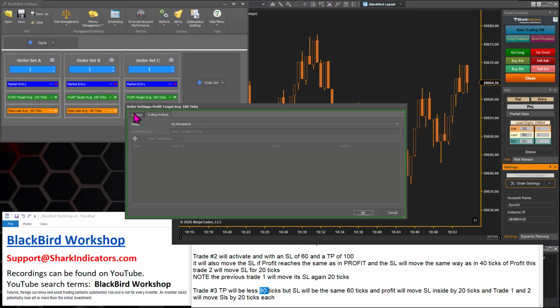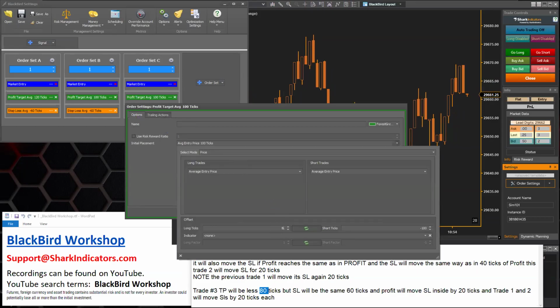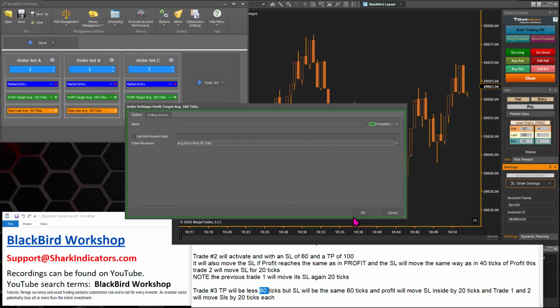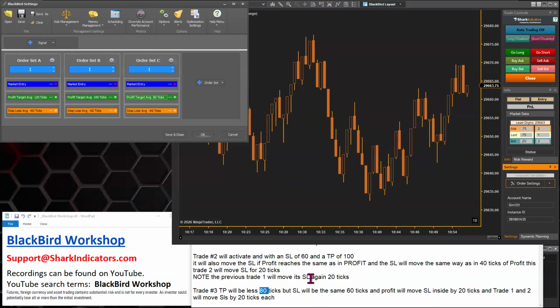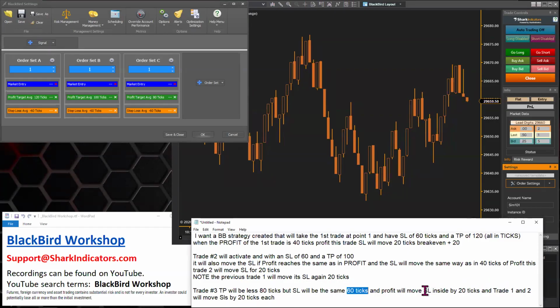So let's go into our profit target, go to the options tab. There you go. Put in 80. So we have that set. And our stop loss, again, it's going to start off at 60. My guess is the stop loss is also following the same break-even rules here.